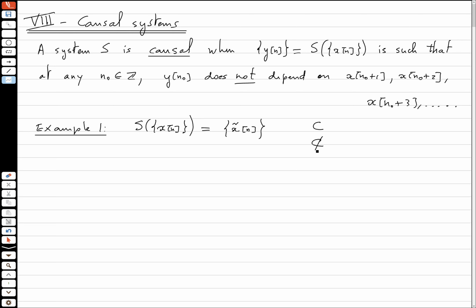You think about this and then you vote. How many of you vote this is causal? How many of you vote this is not causal?